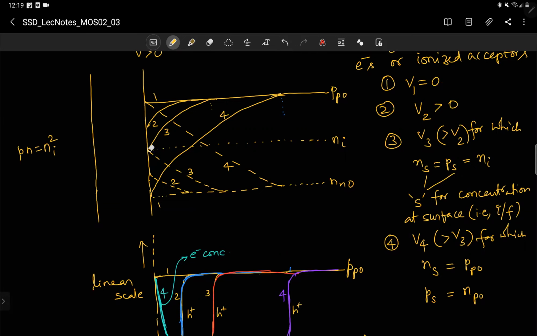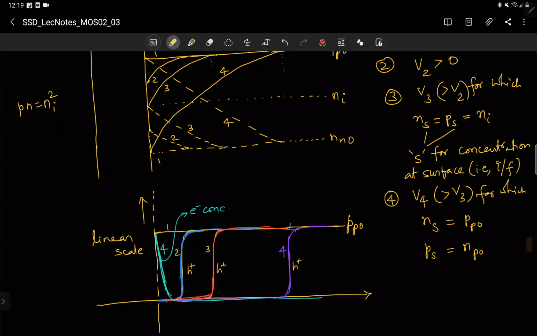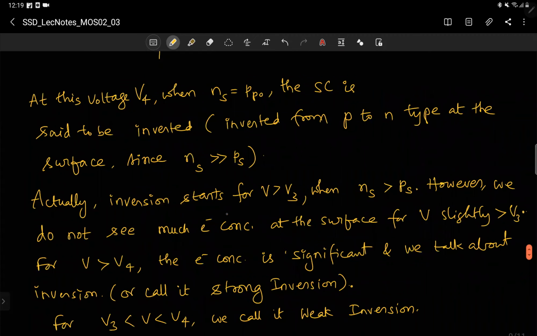If you increase voltage beyond V3, then electron concentration will increase and hole concentration will decrease. So beyond V3 itself, you start seeing inversion. Inversion starts for V greater than V3, when Ns is greater than Ps.